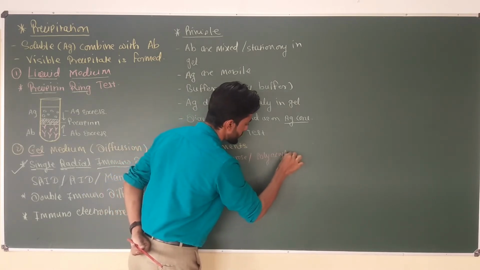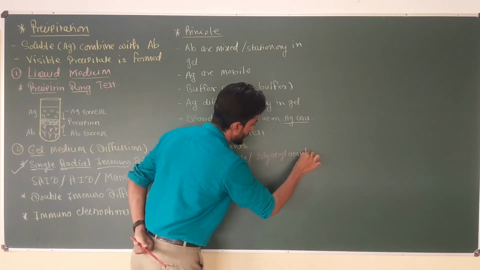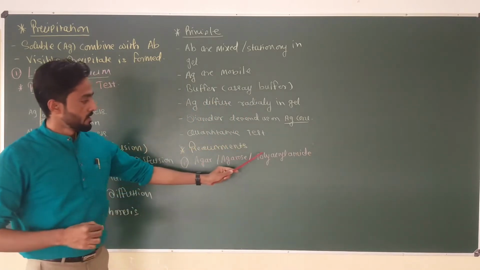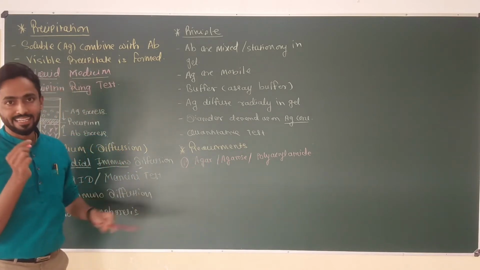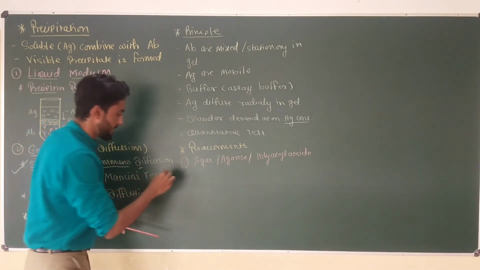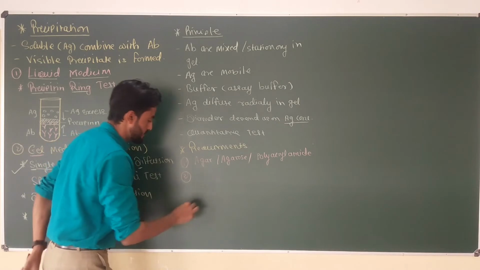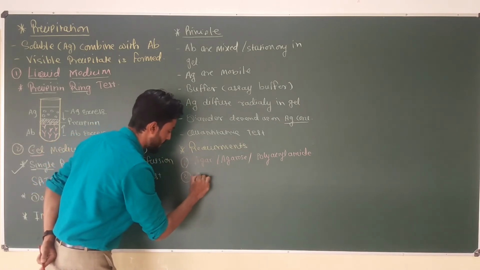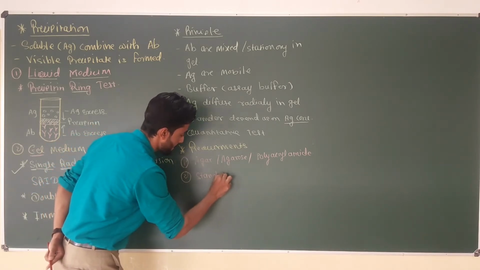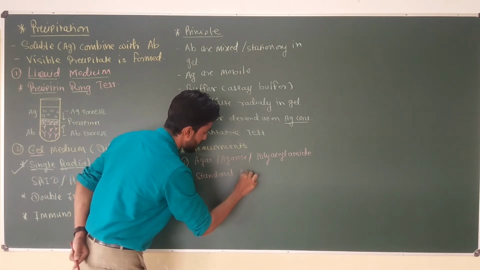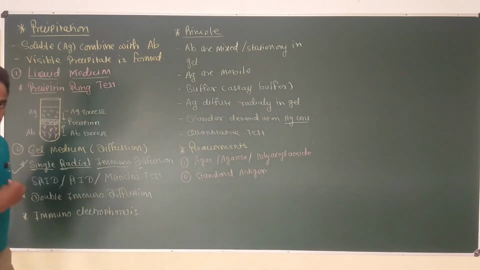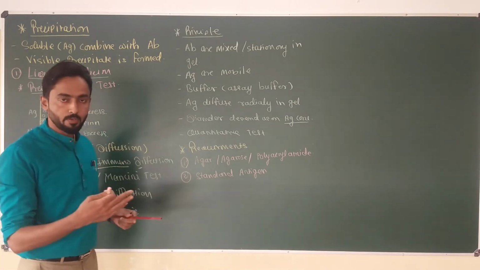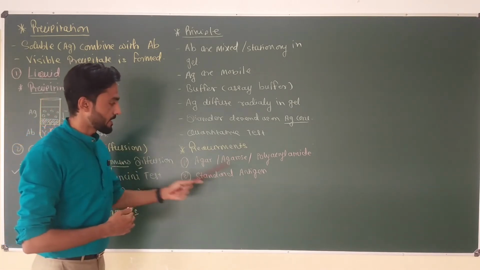All these are powder-form chemicals which are generally used for preparing gels. Then the next thing you will need is standard antigen. For preparing the standard graph during the practical, we need standard antigen.